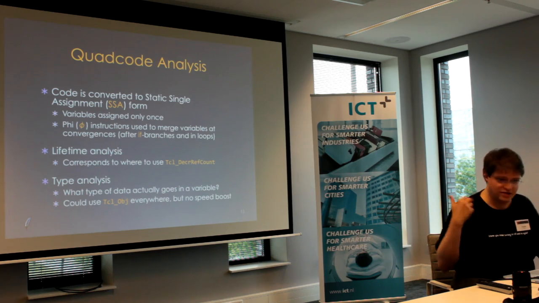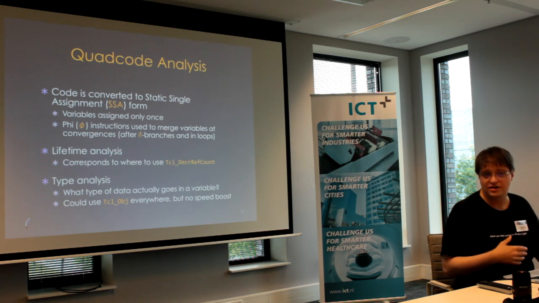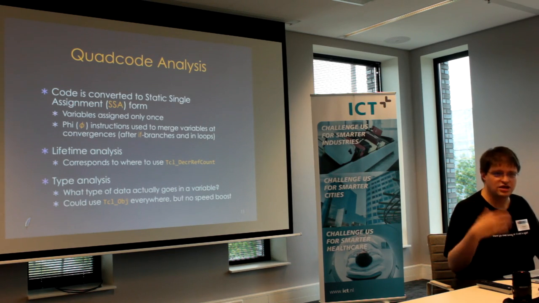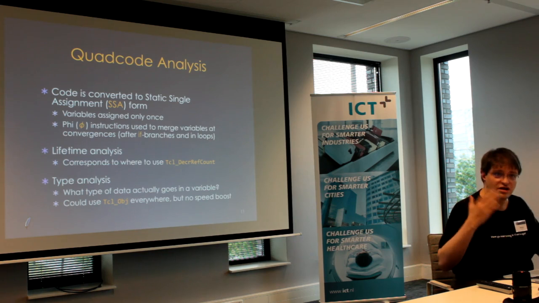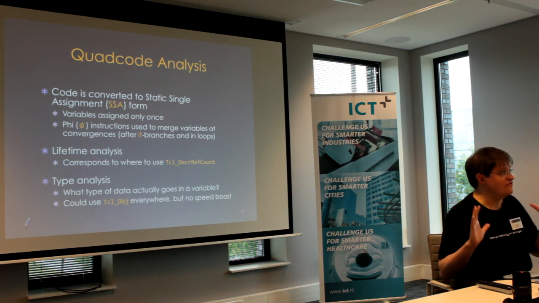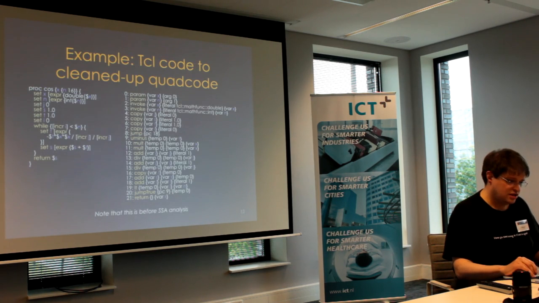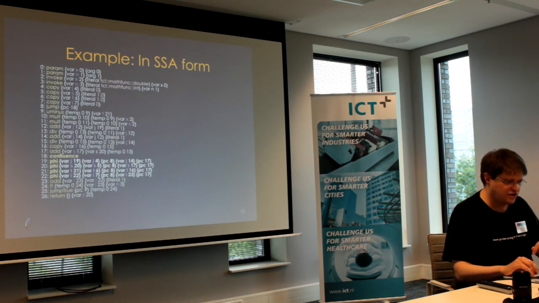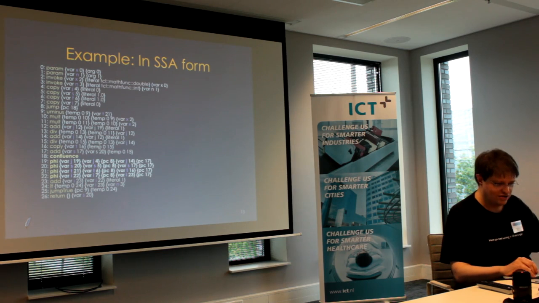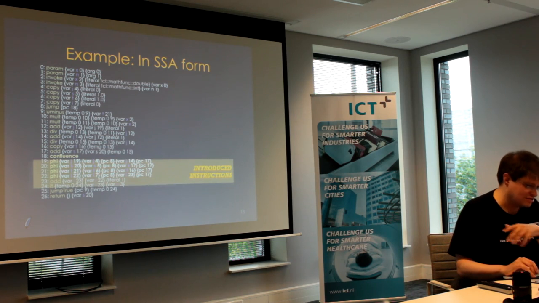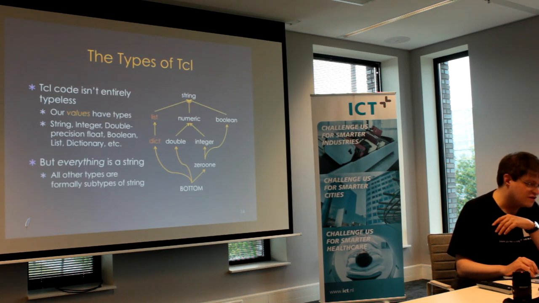Instead, we've got to do some analysis so that we can do static single assignment analysis and lifetime analysis. This allows us to work out what the lifetime of values really are. We can do type analysis. I'm skipping over another example because it's difficult to read and not very informative.